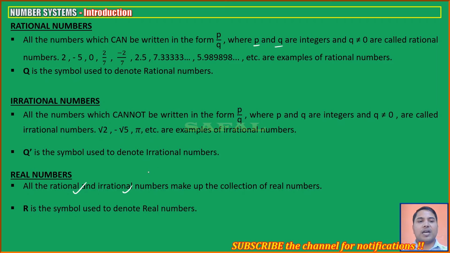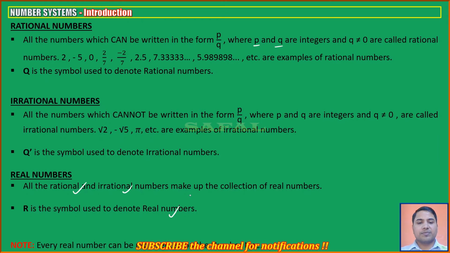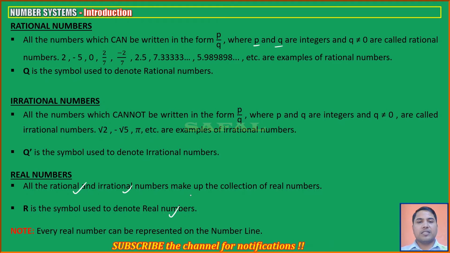Now capital letter R is the symbol used to denote what? Real numbers, and each and every real number can be represented on the number line. Some of the numbers you have already represented on the number line in earlier classes. Once we move ahead in this topic, we'll see how to represent real numbers on the number line.